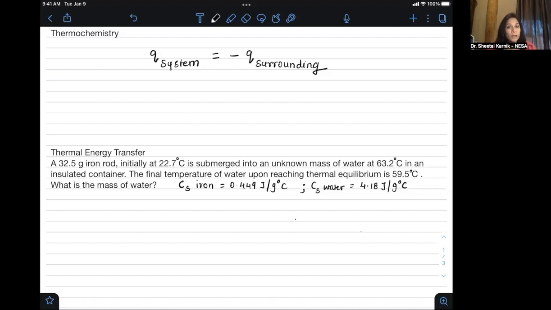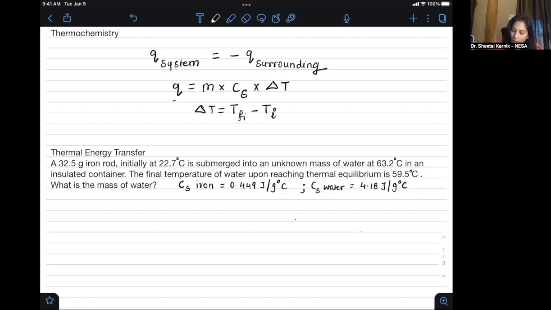We know that the formula that connects the amount of heat with temperature is Q equals mass times specific heat capacity times delta T, where delta T is equal to final temperature minus initial temperature.